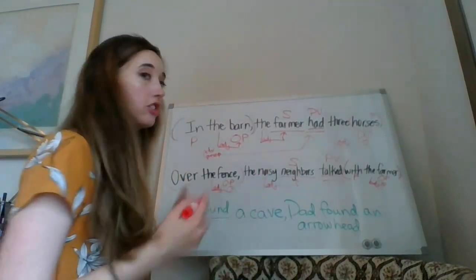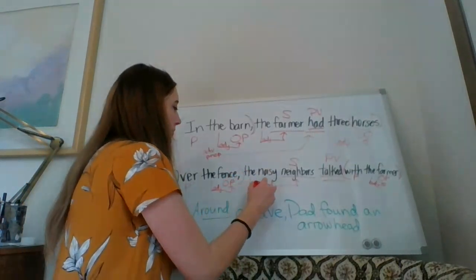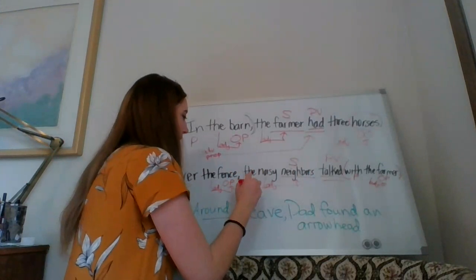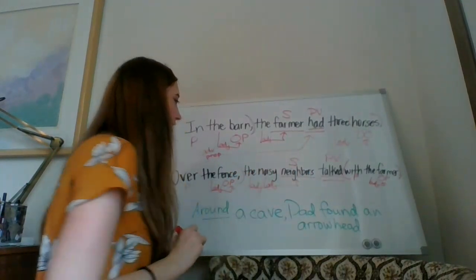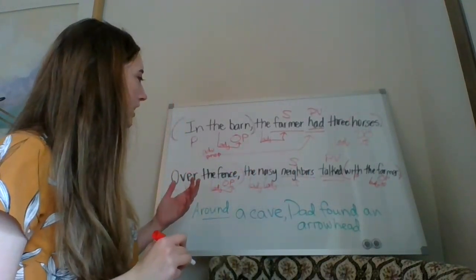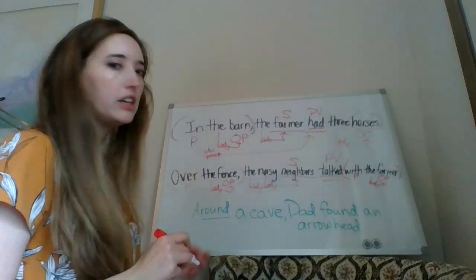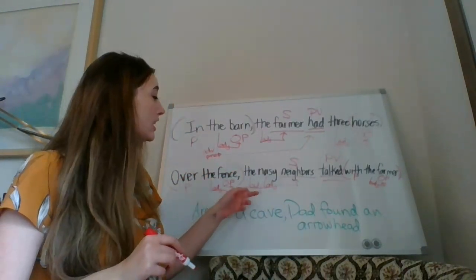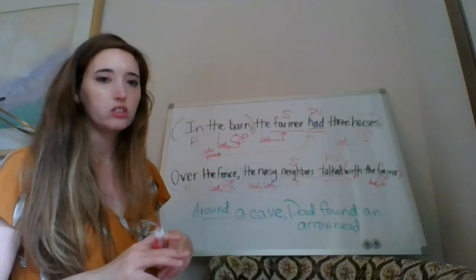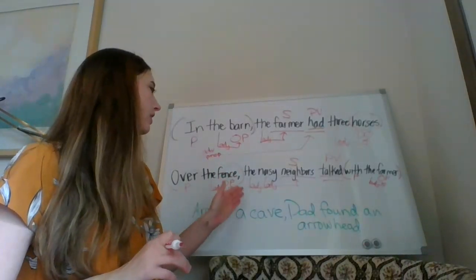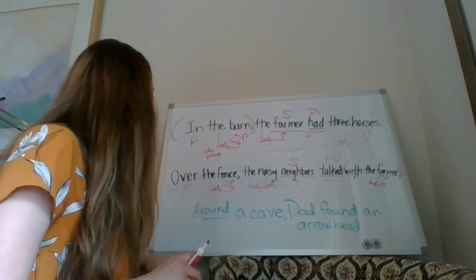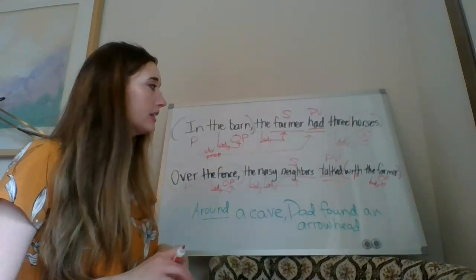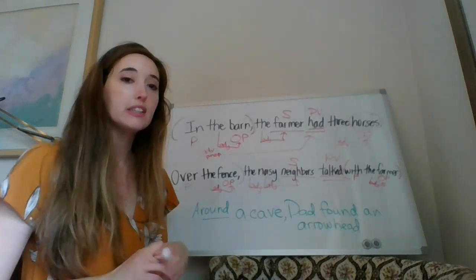Okay, and then the is always an adjective. It is modifying our noun that's closest to it, neighbors. And if you have a hard time with that, read through the sentence again and think the what or the who. Over the fence, the noisy neighbors talked with the farmer. The neighbors.